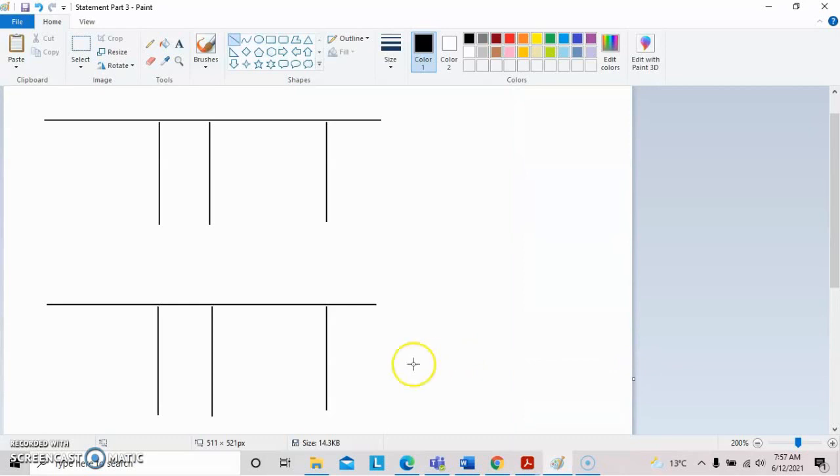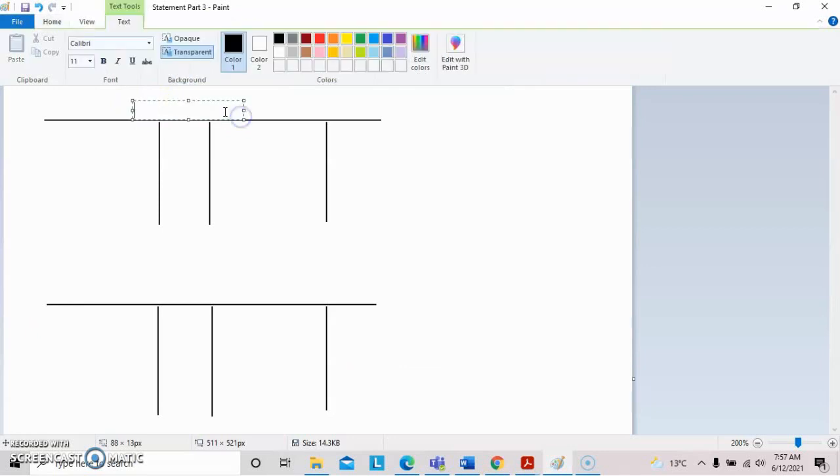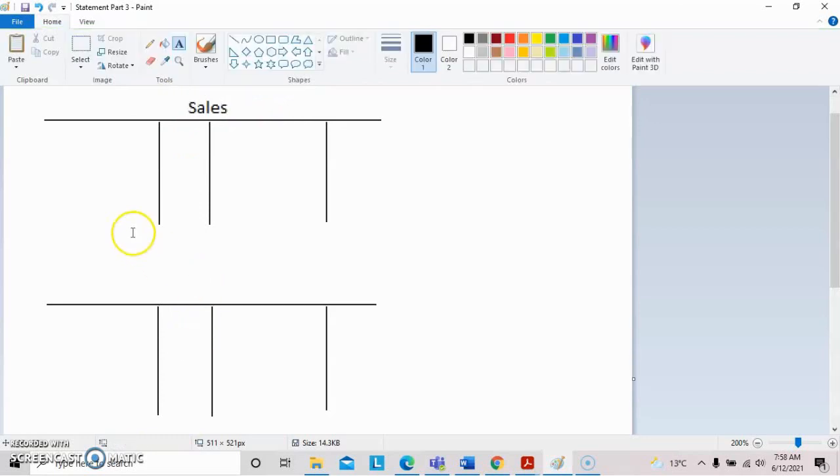Okay. As you know, there are certain items that affect the sales account. So this will be our sales account, and then, let me just write it down here, underneath that it's going to be our cost of sales account.